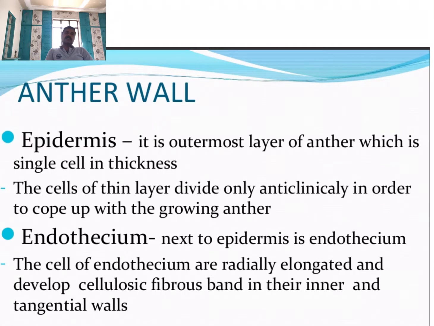The cells of the endothecium are radially elongated and develop cellulosic fibrous bands in their inner and tangential walls. Due to this, the endothecium has large cells having cellulosic and fibrous bands.